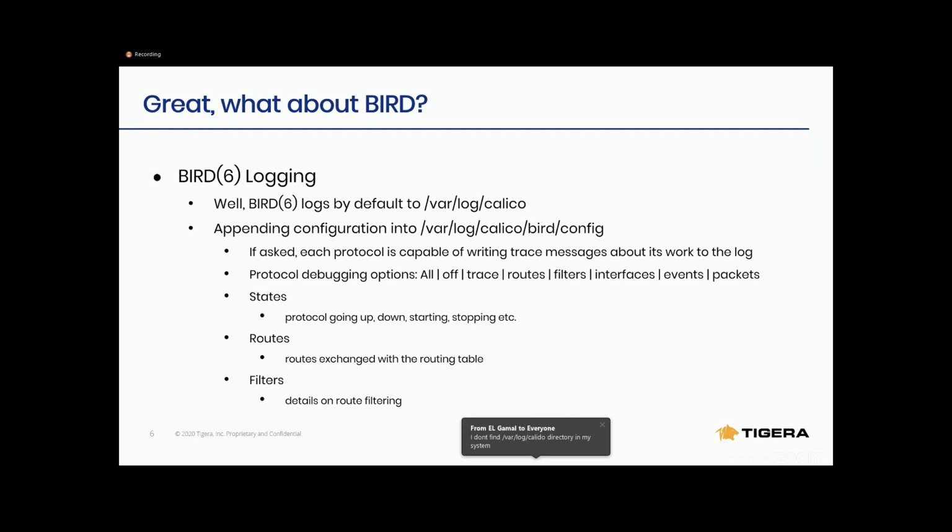You can turn on full logging, which is all. You can turn off logging entirely with off, and then you can turn on trace logging, route logging, filter, interfaces, events, and packets. Typically what I've seen is people will turn on logging for states, routes, and filters just when they're troubleshooting routing issues with Bird.